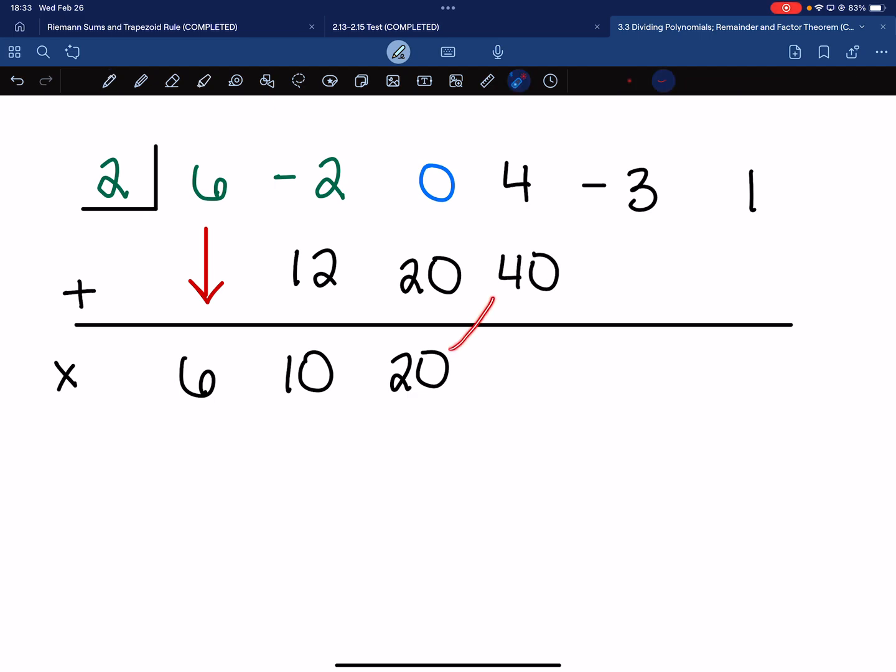Again, that zigzag pattern. Now we're going to add these two terms. So 4 plus 40 is 44. It's below the line, so now we multiply. 2 times 44, 88.